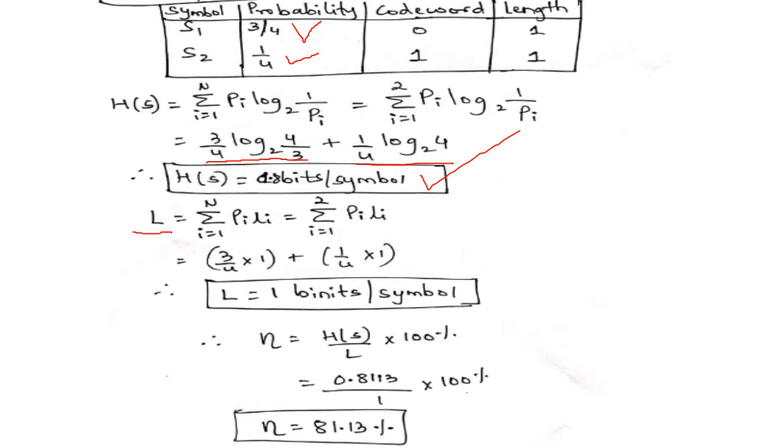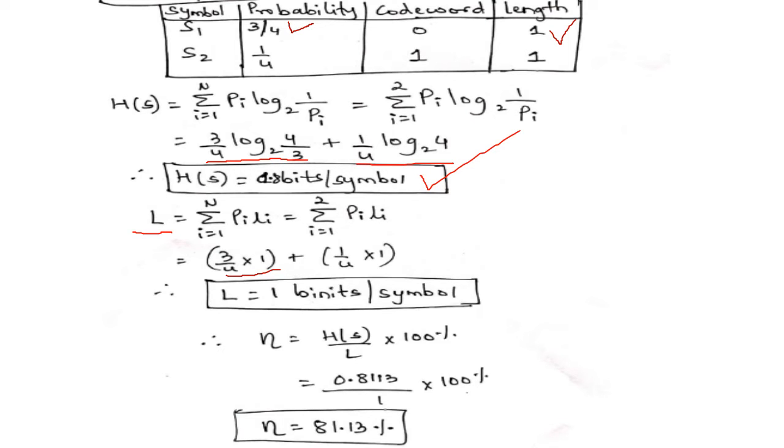The average code word length is given by summation i equals 1 to n of p_i l_i. N value is 2 because we have two source symbols. Multiply the probability value and its corresponding code word length. So 3 by 4 probability and its corresponding length is 1, so we'll have 3 by 4 into 1.